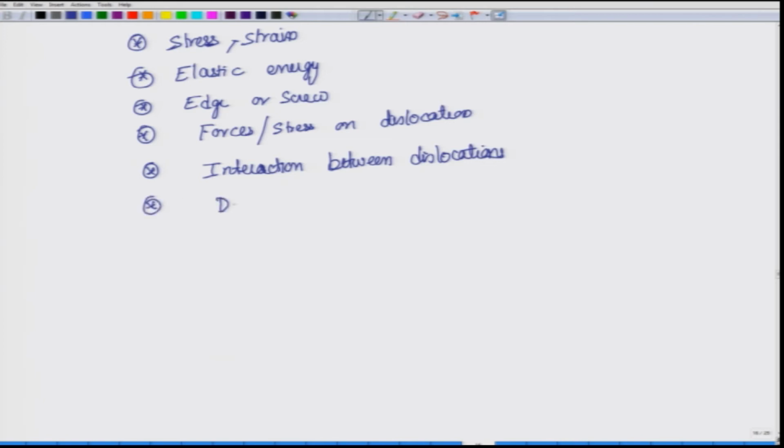We have also looked at dislocation motion. We saw that it can take place by glide, which is usually a room temperature phenomenon, while there is also a process like climb, which is usually dominant at higher temperature. Then we also looked at cross slip, which is possible only in the case of screw dislocation.